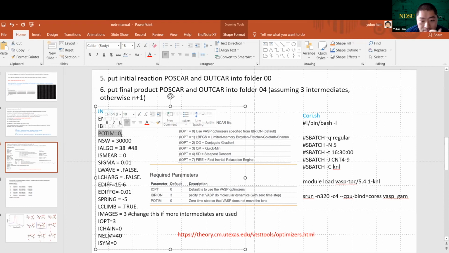To enable their version of VASP, you have to set POTIM to 0. Why is SW equal to a huge number? Well, because this kind of calculation is very difficult to converge. So here I'm just trying to make sure we have enough ionic steps. Okay.